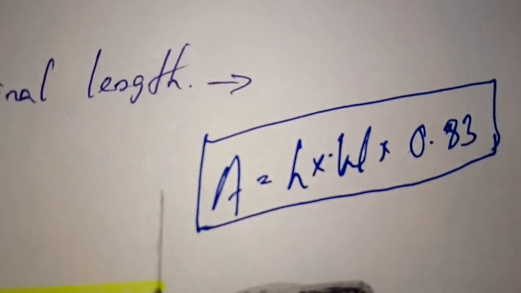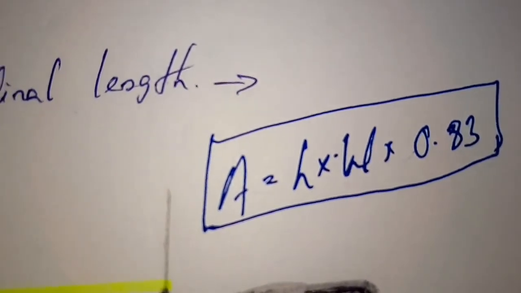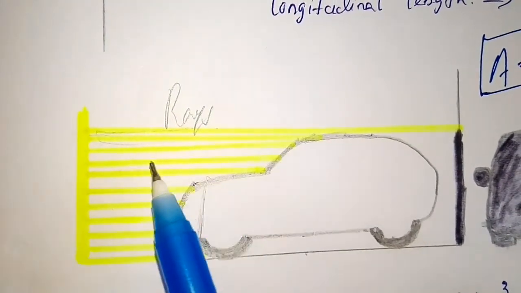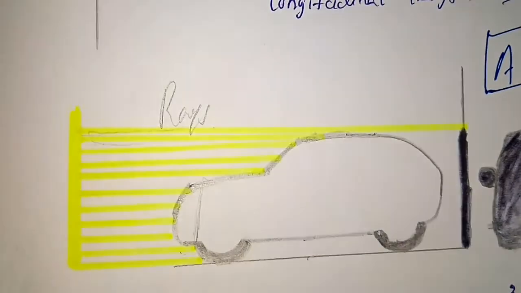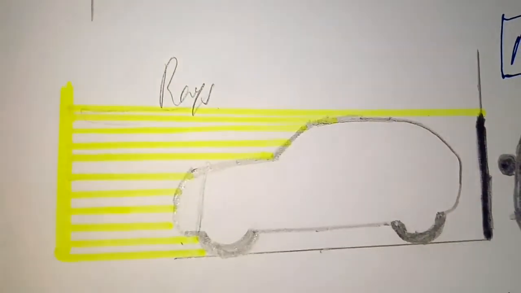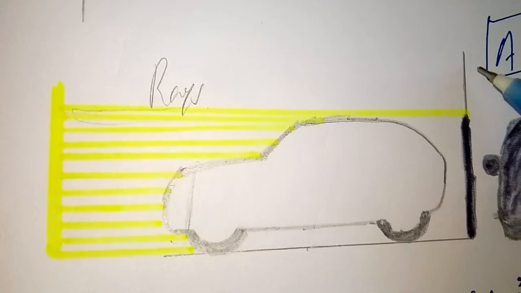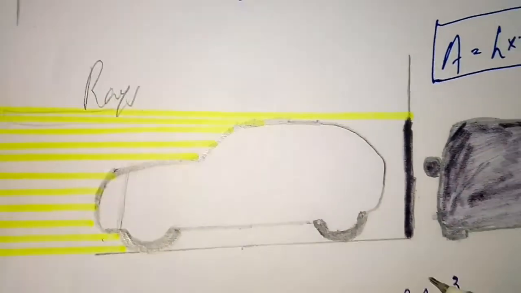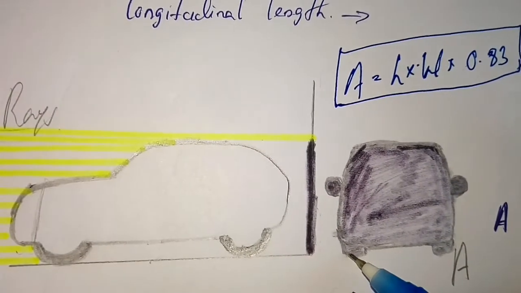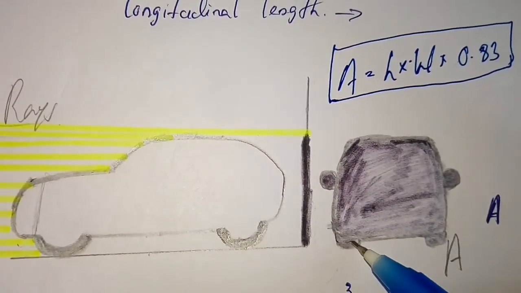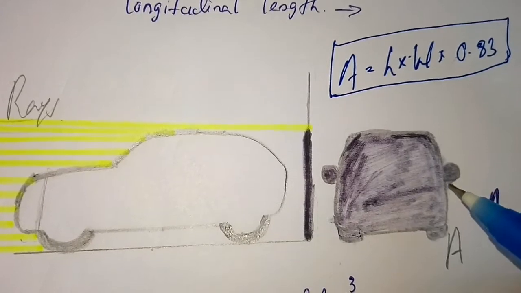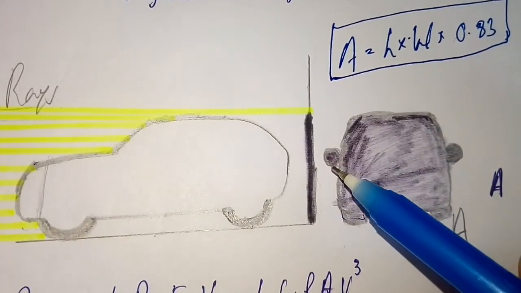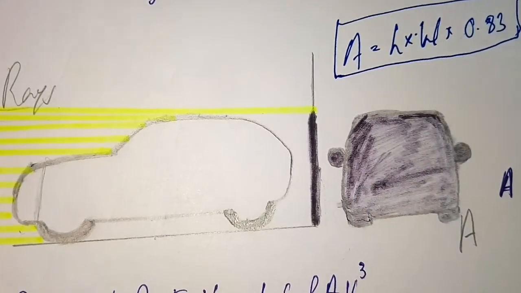We assume that, but in the actual case we find A by letting some parallel beams strike the front of the vehicle, and we let the shadow form on a wall situated at the rear of the vehicle, and the exact value of the projected frontal area will be equal to the area of the shadow. That's how we find the exact value of A for designing our vehicle more aerodynamically.